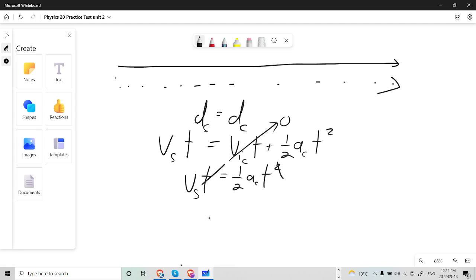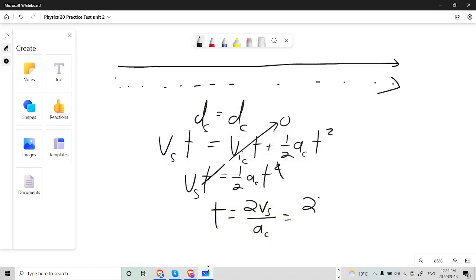We can cancel one of the times. So time is 2 times the velocity of Sam over the acceleration of Chad. So it's 2 times 6.9 meters per second over 1.4 meters per second squared.